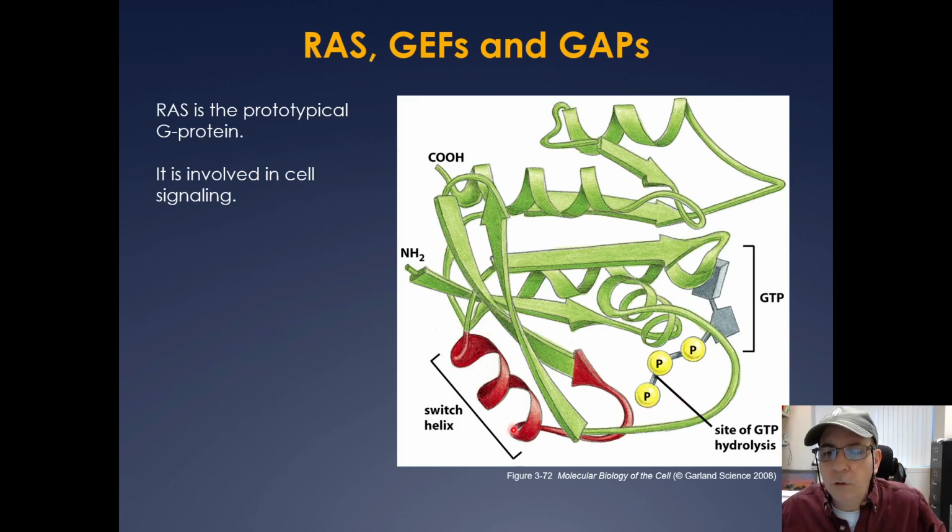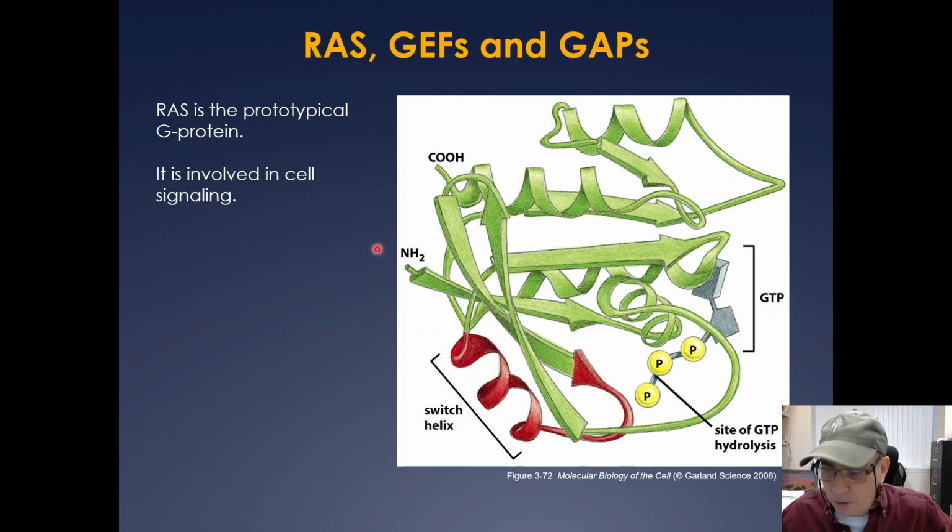Now, what controls the GDP and GTP are these enzymes called GEFs and GAPs. And we'll see these again over the course of the term, okay? A GEF is a GTP exchange factor, and a GAP is a GTP activating protein, all right?